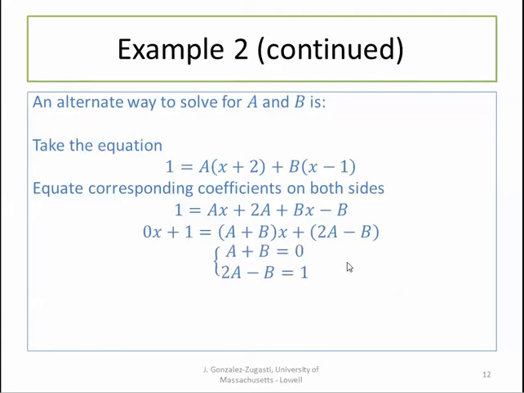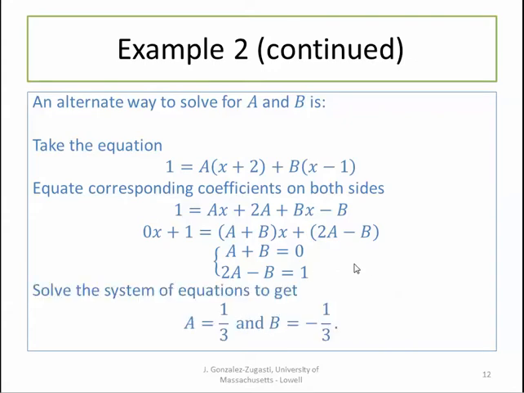So that's going to tell me that A plus B, the coefficient of x, has to equal the coefficient of x over here, which is 0, and that the constant term 1 has to equal the constant term on the right-hand side, which is 2A minus B. So now we end up with a system of equations. You can solve this system to get that A is equal to 1/3 and B is equal to -1/3.